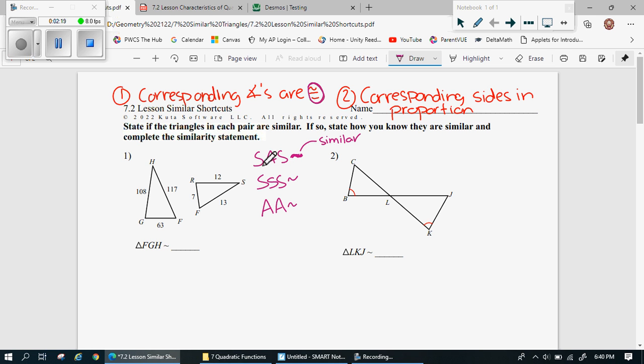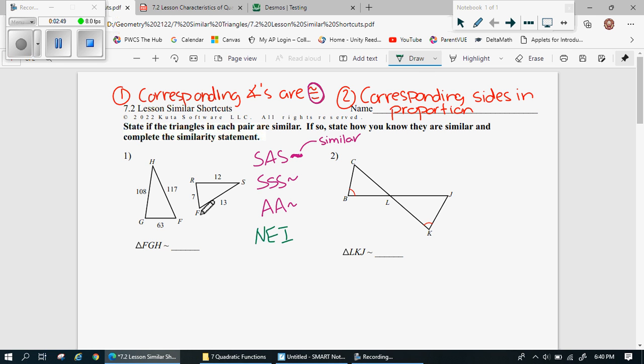Side side side and side angle side look really close to what we had with congruent triangles, except this time when we talk about sides, we're not talking about them being equal, we're talking about the fractions being equal. And when we have angles, we're saying this angle corresponds to this angle, and they're the same size. And of course we always have the option that we don't have enough information, NEI.